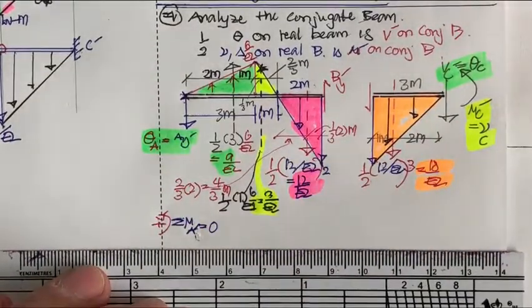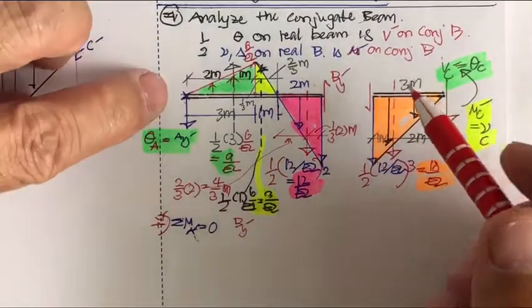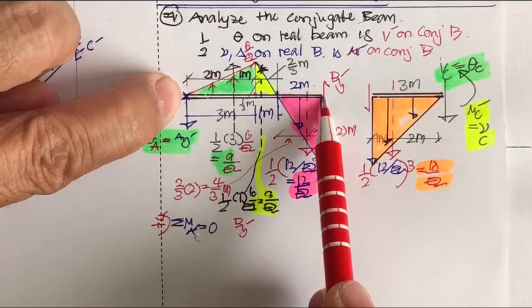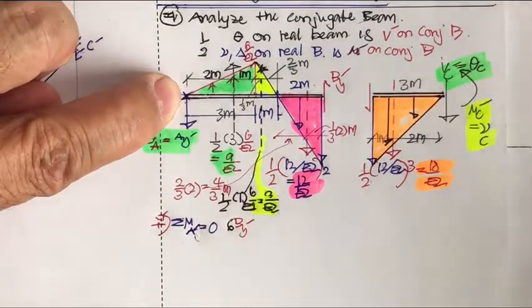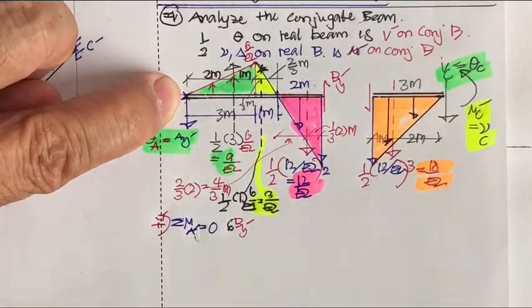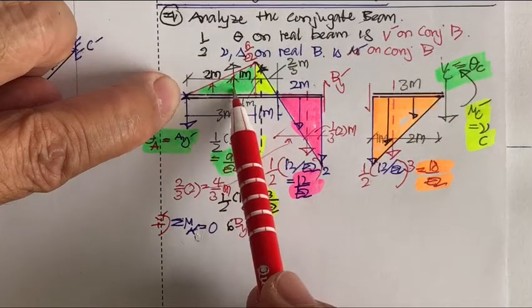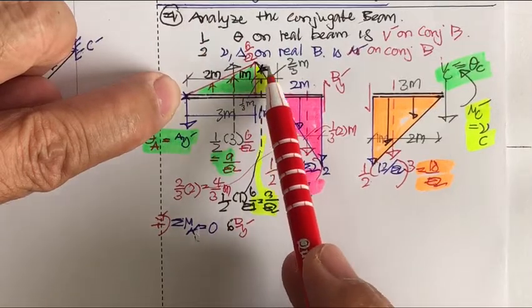Okay, and we have b sub y prime. You take moment here. The distance from here to here is going to be 6 meters. So it's times 6. So this is going to be upward, and this one is going to be in the same direction.